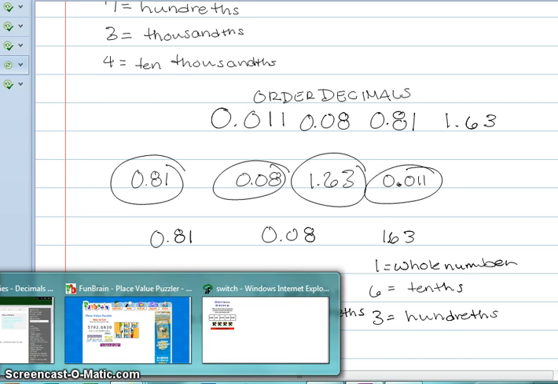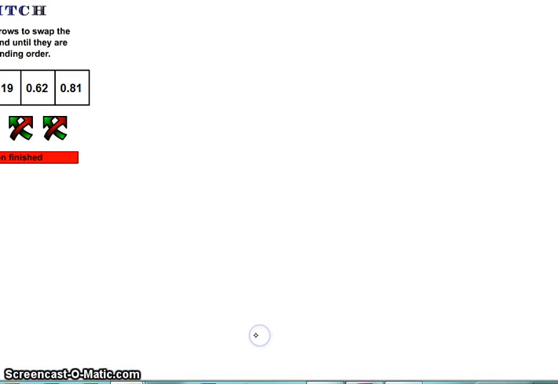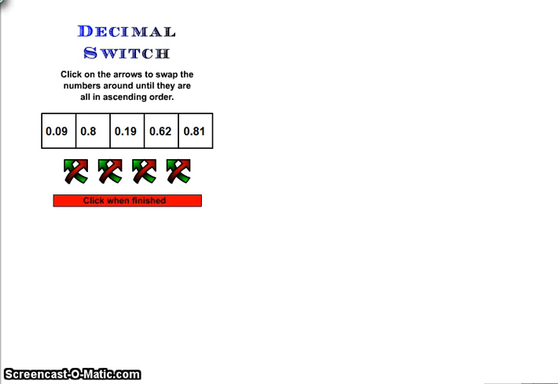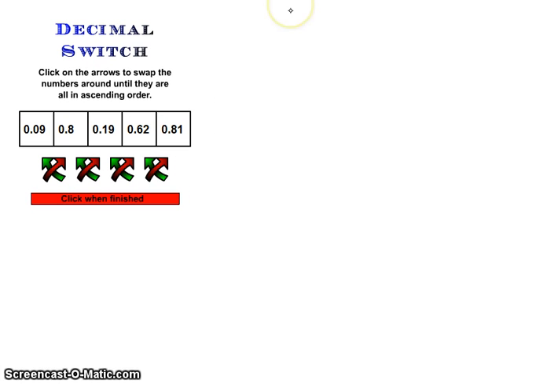Some more examples on how to order decimals. We have this called the decimal switch. So, as I showed you before, are there any numbers with the whole number? No. So then we have to look at the tenths. And as you see, the number with the highest tenths is 0.81, which is going to switch here and go there.